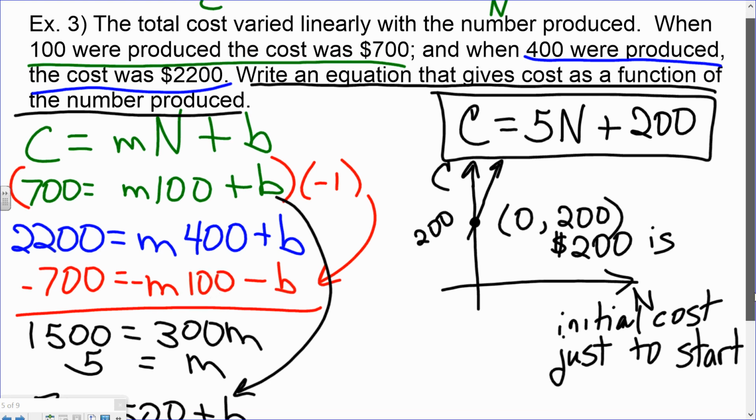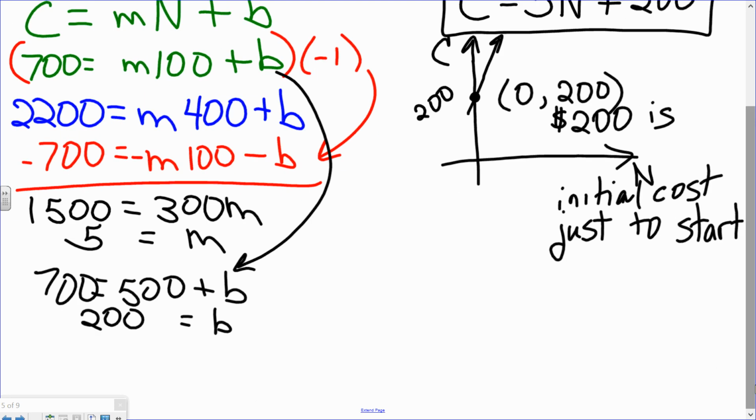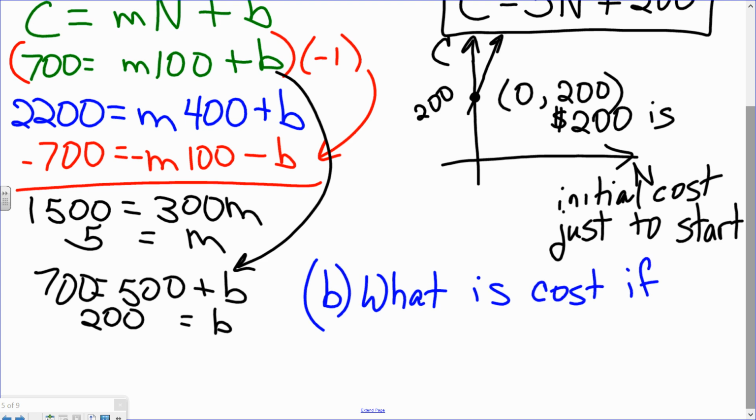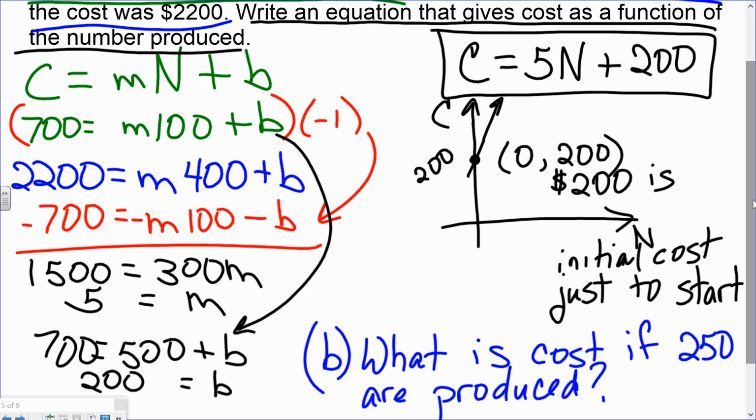Okay, part B of this problem now is what is the cost if 250 are produced? What do I do to get that?